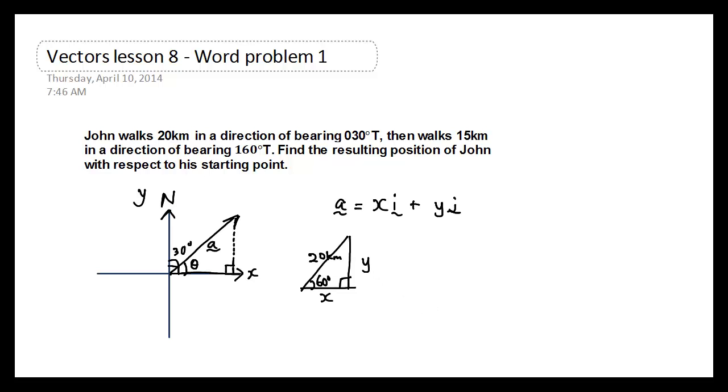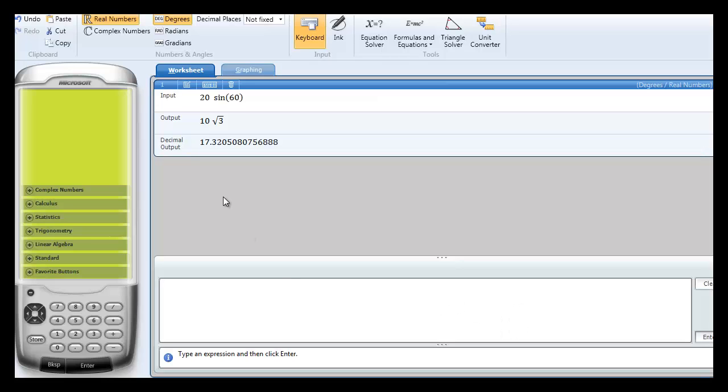Using trigonometry, we are going to use sine theta equals opposite over hypotenuse. Sine 60 equals, and this is the opposite, this is the adjacent, this is the hypotenuse. So y over 20, so y equals 20 times sine 60, which equals 17.32.